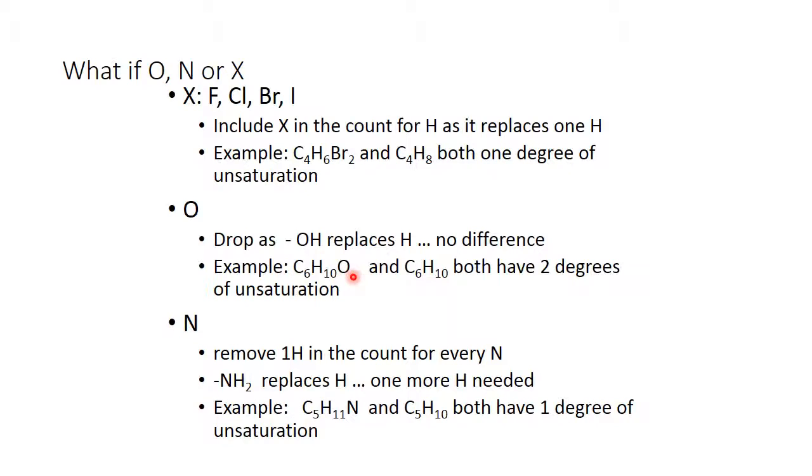So if I look at a compound that has an oxygen in it, I can just cut the oxygen off to get an equivalent compound for the purposes of determining degrees of unsaturation. So this compound and this both have the same number of degrees of unsaturation.